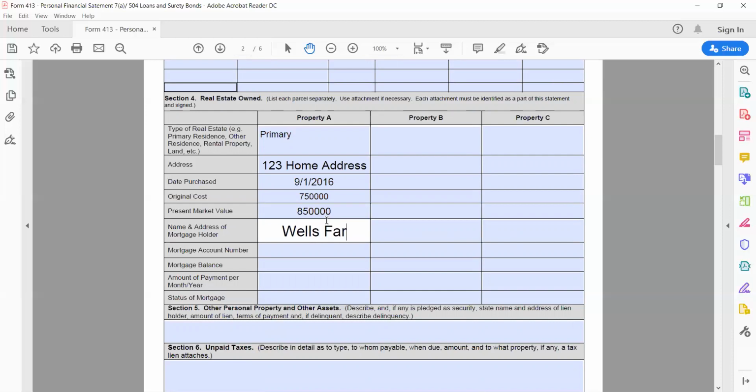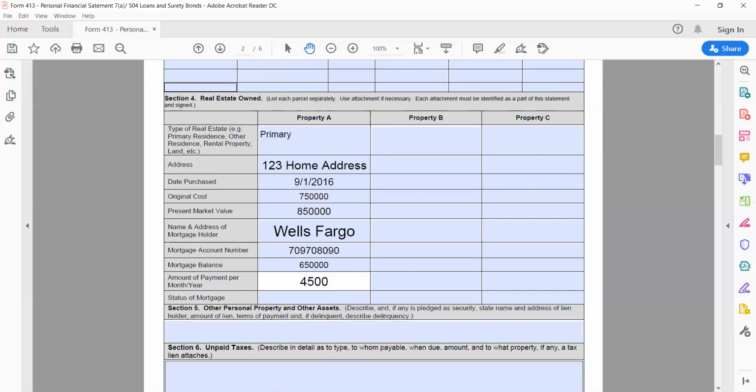Wells. You're going to put the name and address, whoever holds that note, account number, current balance as of the end of February. What's my monthly payment? If it includes taxes and insurance, right? If you have an impound account, paying taxes and insurance, that's going to be included here.